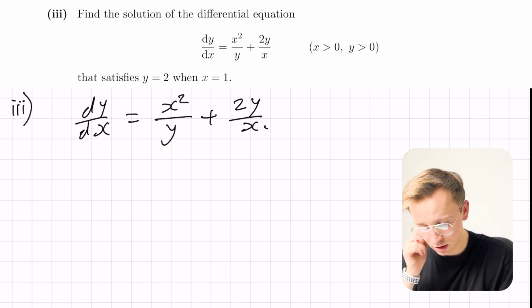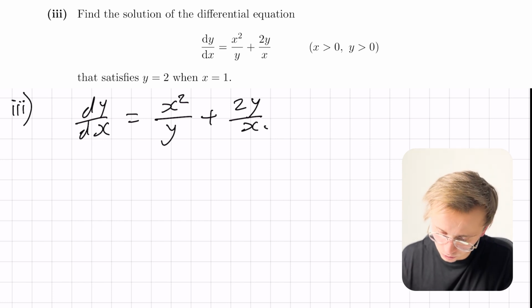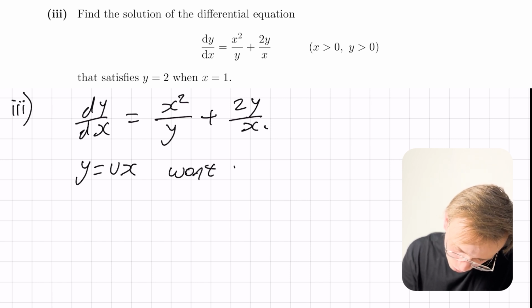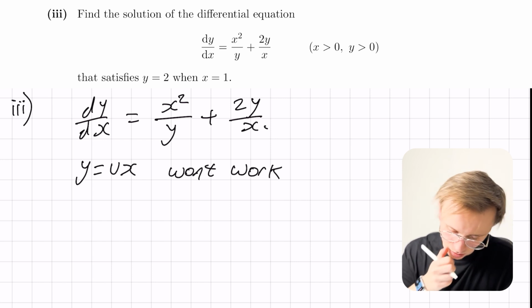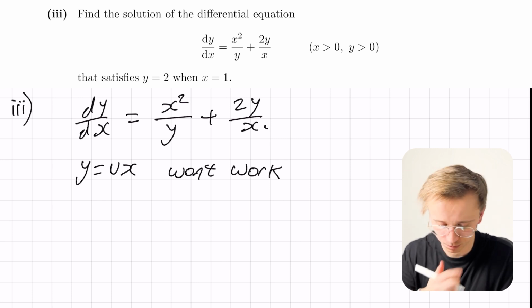Okay. So y equals ux won't work. What else might work? What about if I just increase the x power?